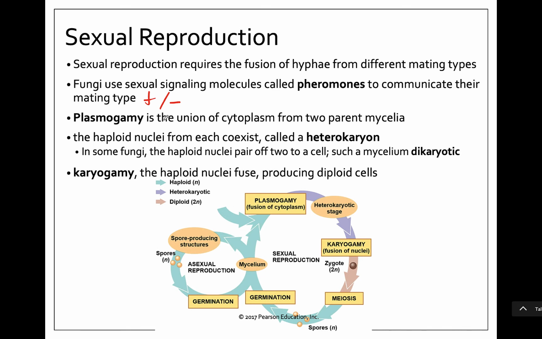And they use pheromones, which are hormones that they can release out into the soil to communicate to the opposite mating type. So a plus mycelium might release pheromones to attract a negative mycelium to grow towards it. And then once they grow to physically contact each other, they're going to have fusion. And there are two words here that you absolutely have to know for the exam: plasmogamy and karyogamy.